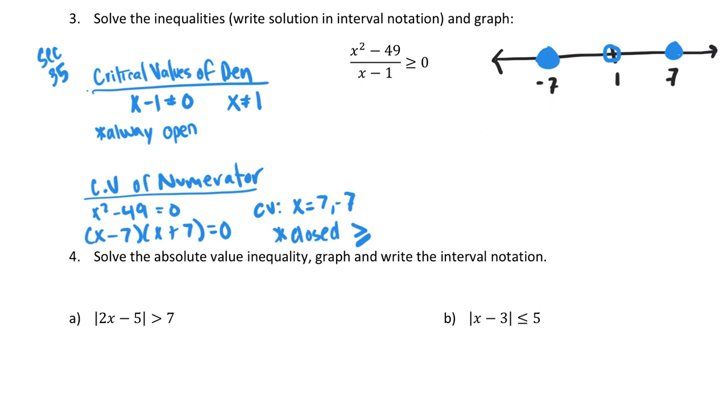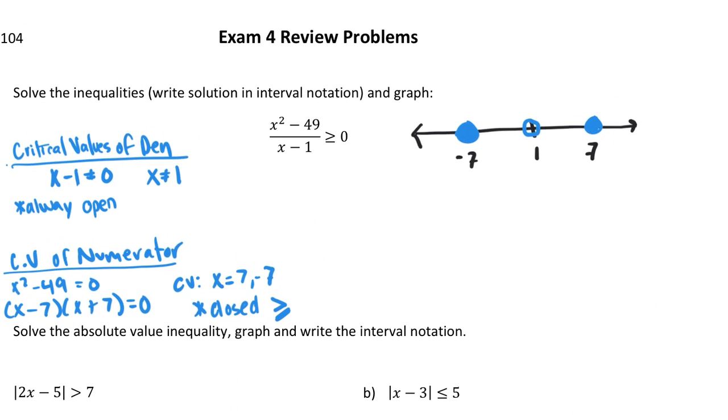Okay, now what I'm going to do is I'm going to test values formed by my critical values. Okay, so I have to pick something to the left of -7, something between -7 and 1, something in between 1 and 7, and something to the right of 7. Those are called test statistics or test values. Okay, we're going to plug those into our original equation.